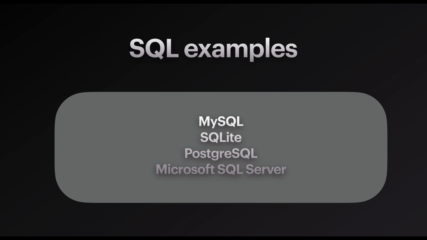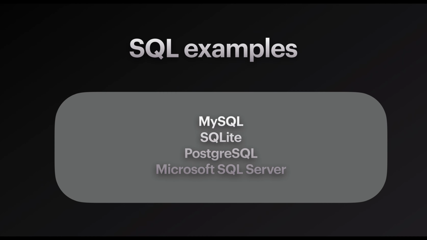The next one is PostgreSQL, which is known for its accessibility and SQL compliance, and you will also see a lot of things that Node uses PostgreSQL as well. And the last one is Microsoft SQL Server, a relational database management system, which is of course developed by Microsoft.